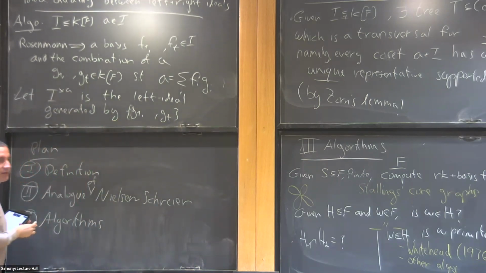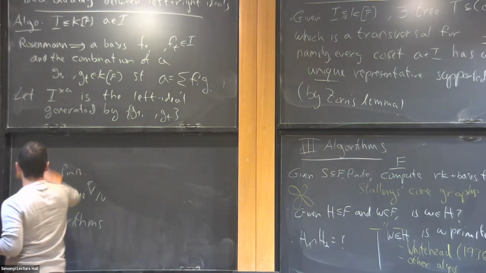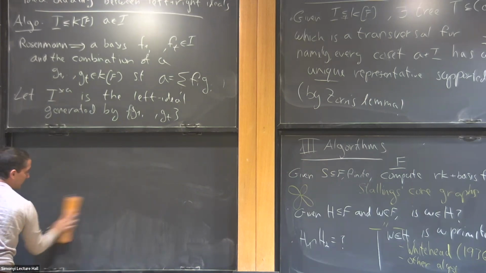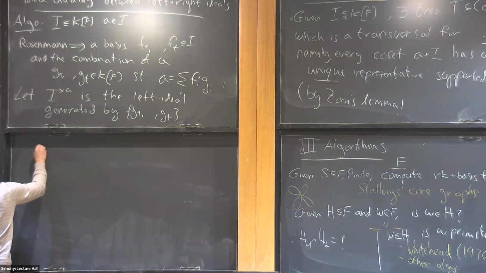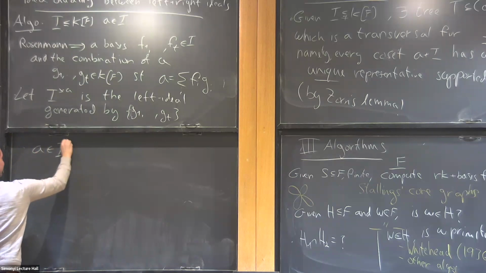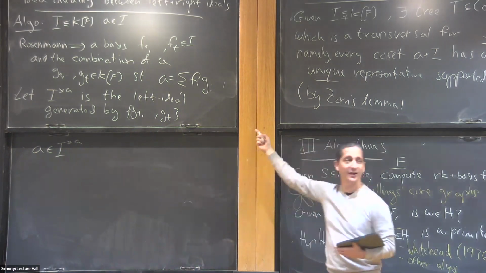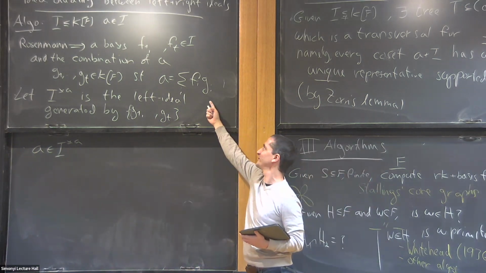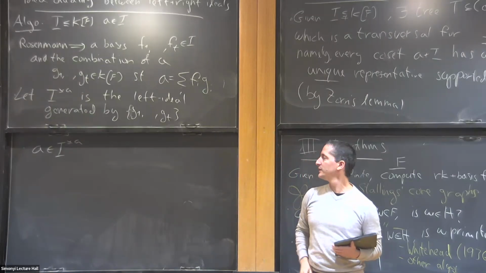First of all, I claim this dual also contains A. Why does it contain A? Yeah, right, it's the same expression. The same expression shows you that A is also contained in the left ideal generated by the Gi's.